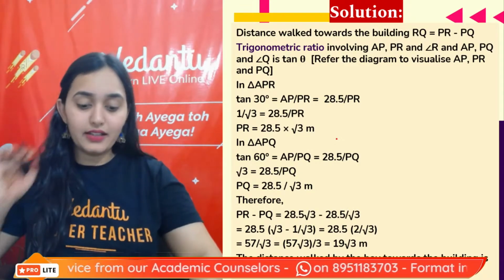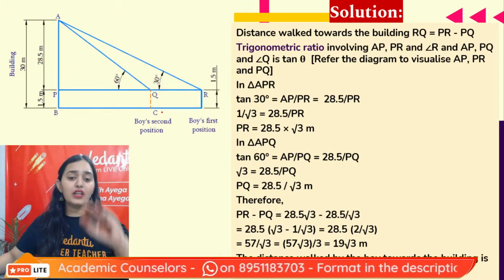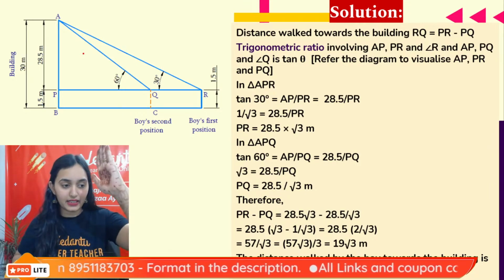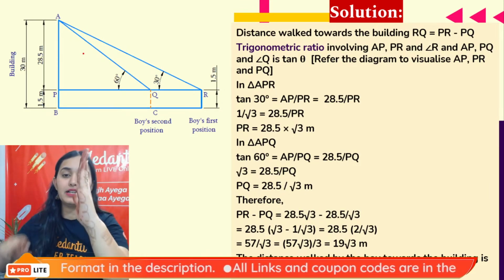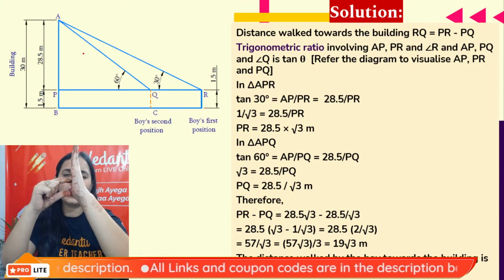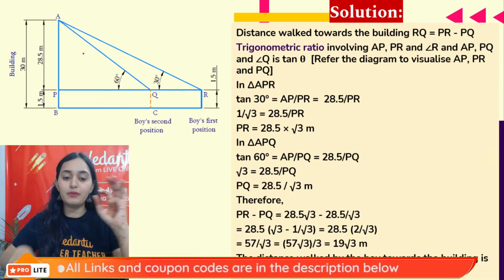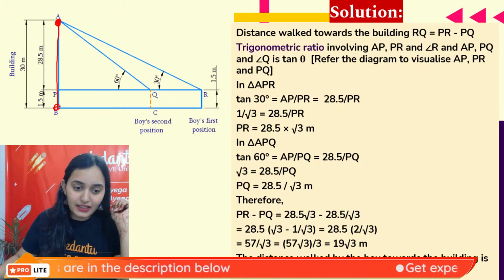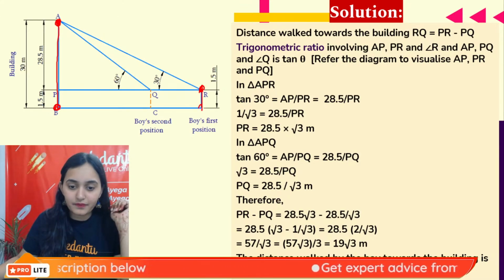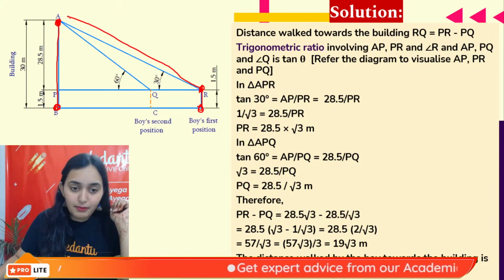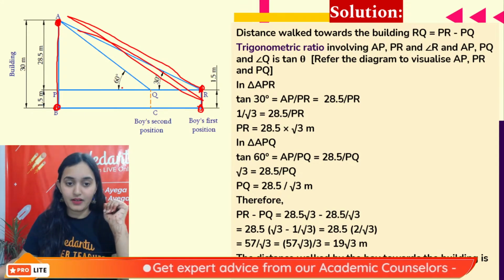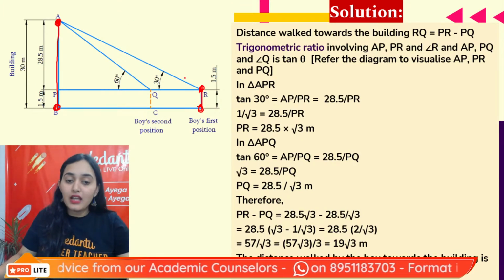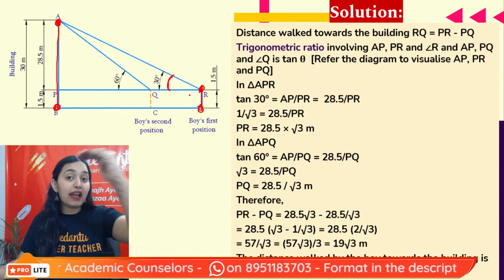Basically, let's look at the diagram first. In the diagram or in your imagination, suppose this is the building and this is the man, and the man is watching the building. The man is looking at the building from his eye level, so the angle will be made from his eye level.